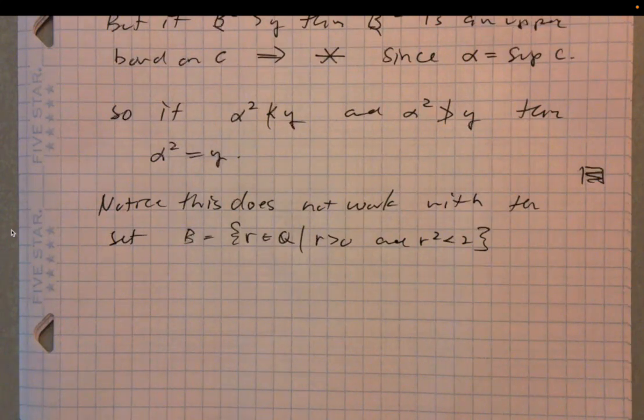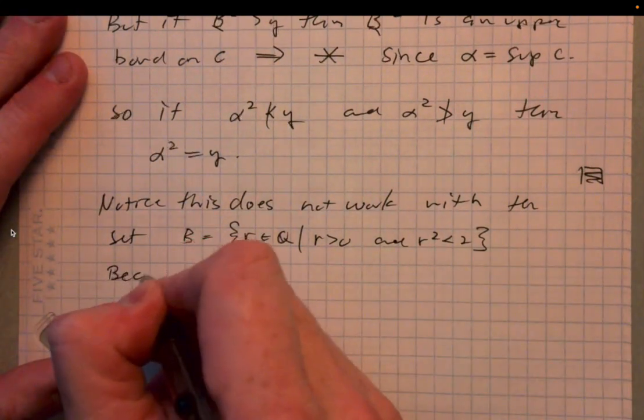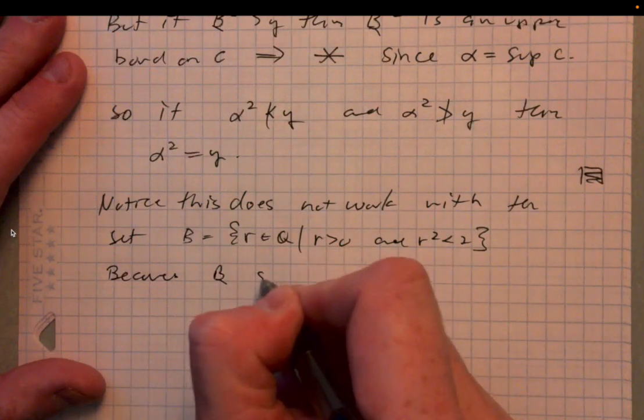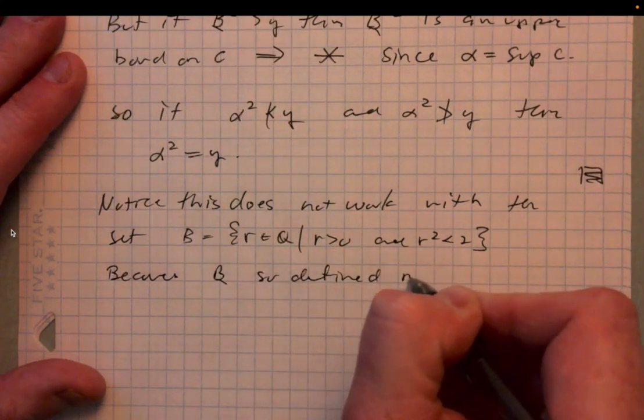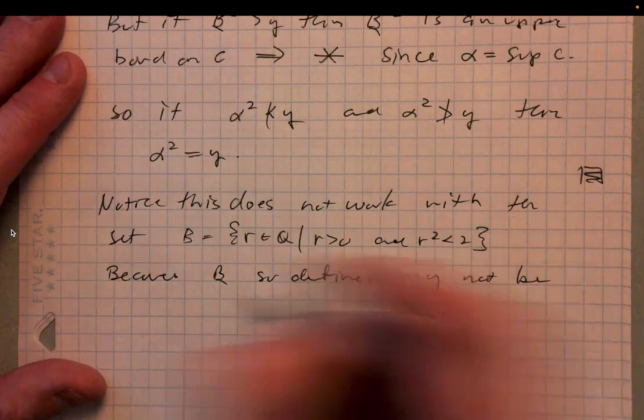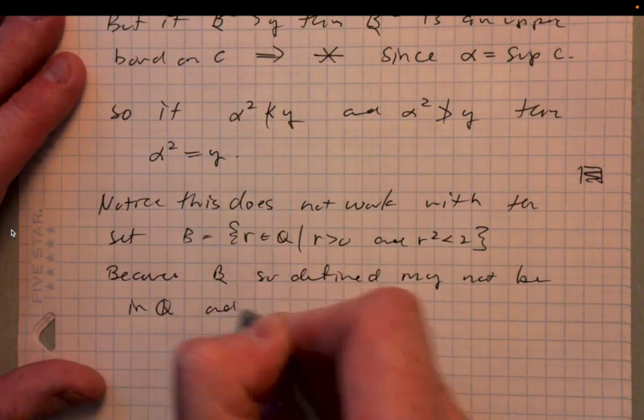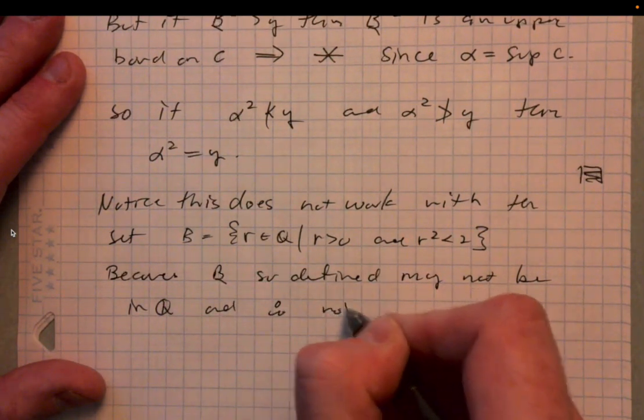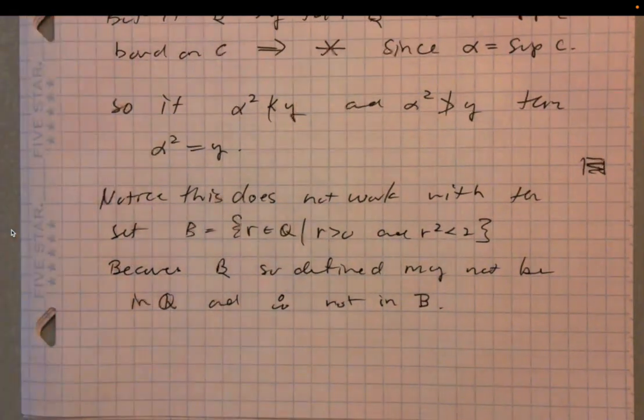It doesn't work for a couple of reasons. I guess the main reason is that beta, as we've defined it in the proof above, may not be in Q, and therefore not in B, right? So that's the main reason it doesn't work.